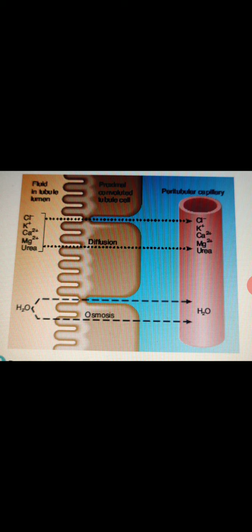Diffusion of negatively charged chloride ions into interstitial fluid via the paracellular route makes the interstitial fluid electrically more negative than the tubular fluid. This negativity promotes passive paracellular reabsorption of cations such as potassium, calcium, and magnesium ions.